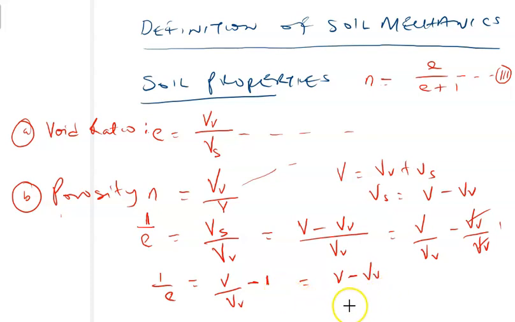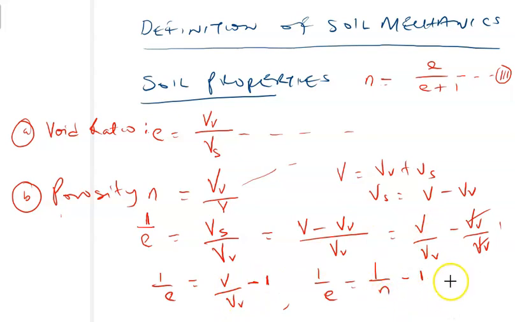Okay, now let's wipe this off. Remember that from our initial expression, equation 2, we said that since 1 over E is equal to V over VV minus 1, when you reverse it, V over VV is 1 over N, because N is VV over V. So 1 over E is equal to 1 over N minus 1.